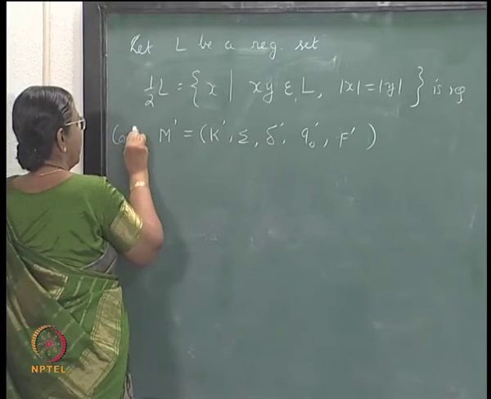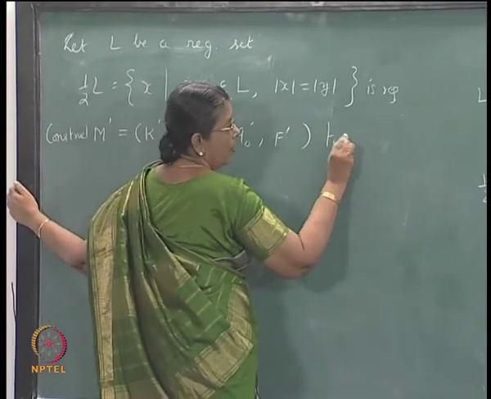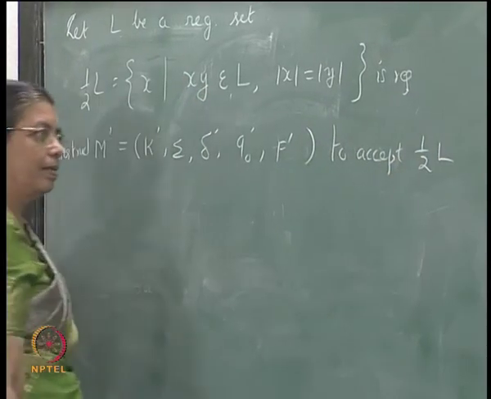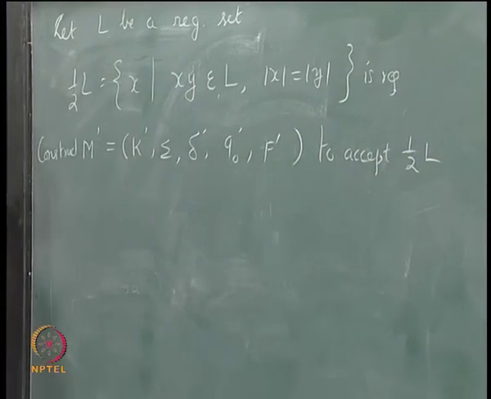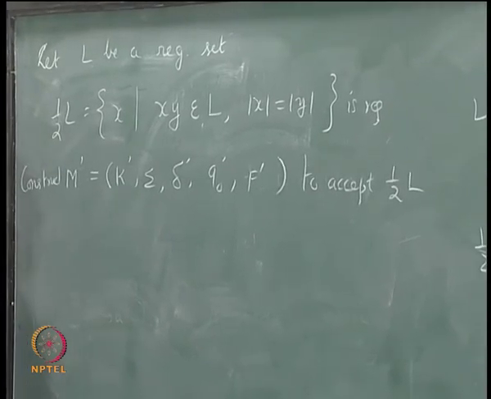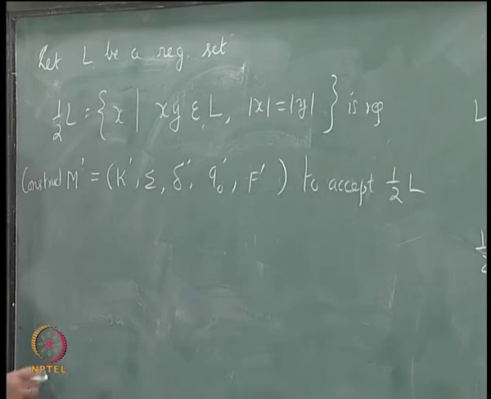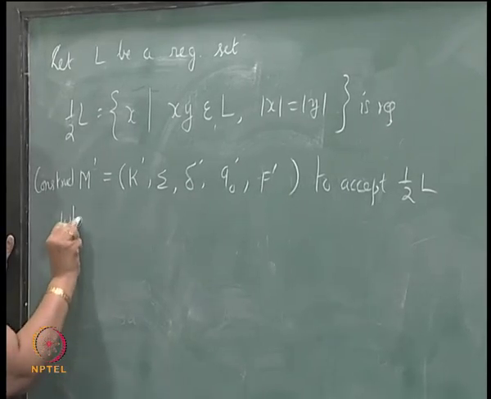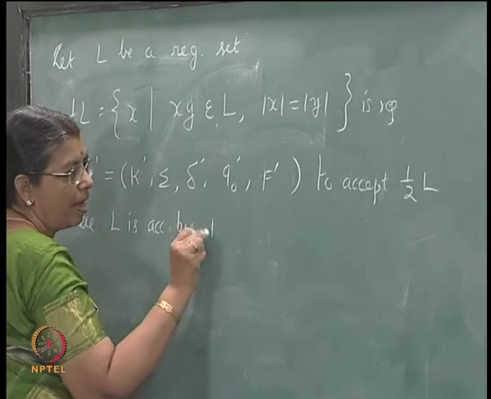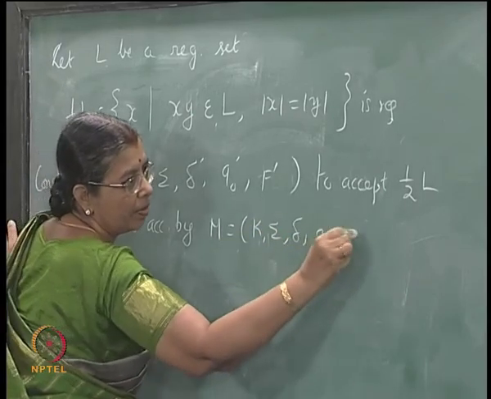Construct a machine M dash to accept half of L, where L is accepted by M equal to K sigma delta Q naught.